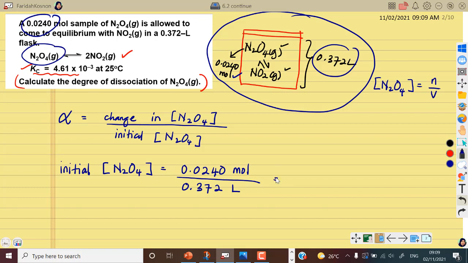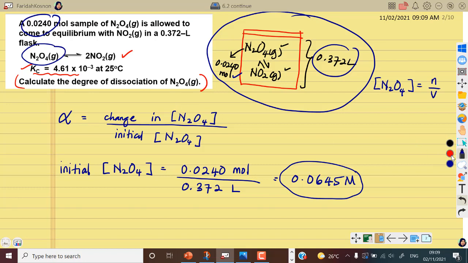So from the calculation, the answer for initial concentration should be 0.0645 molar.